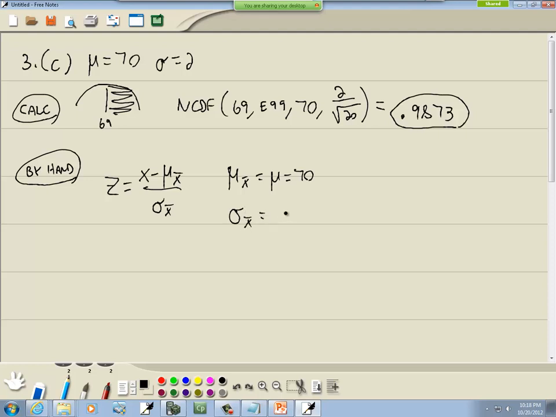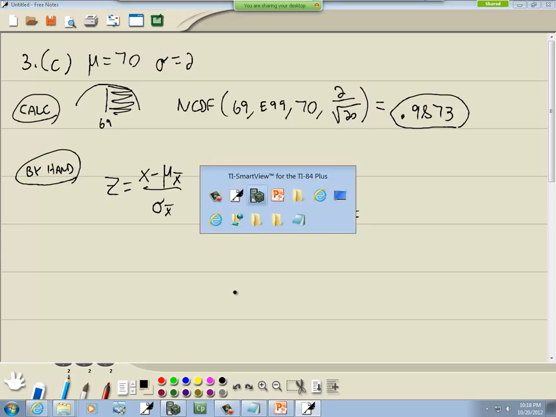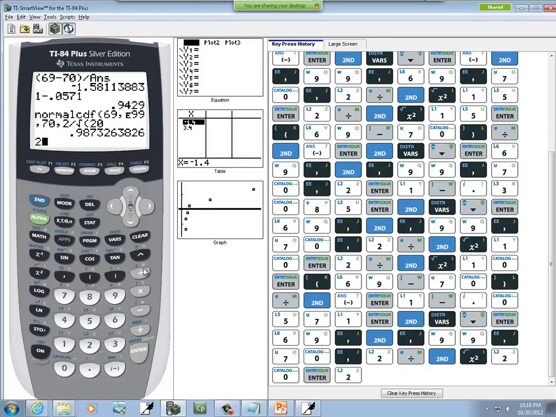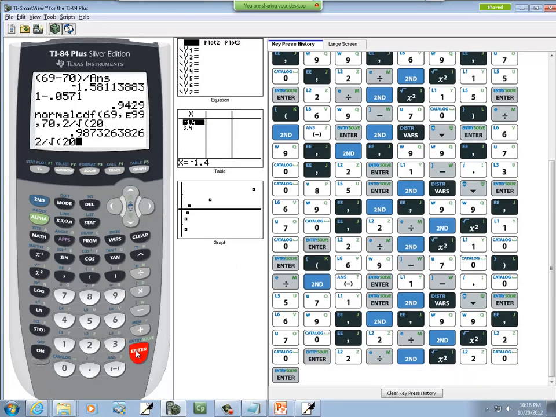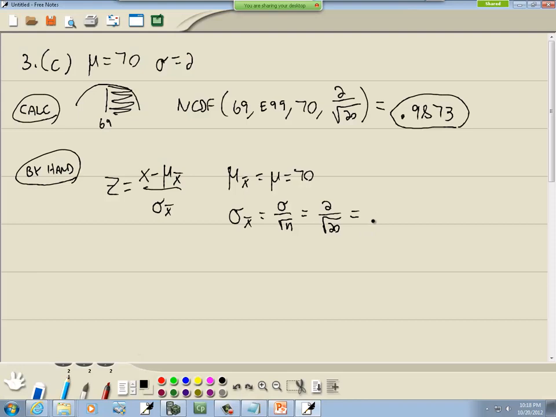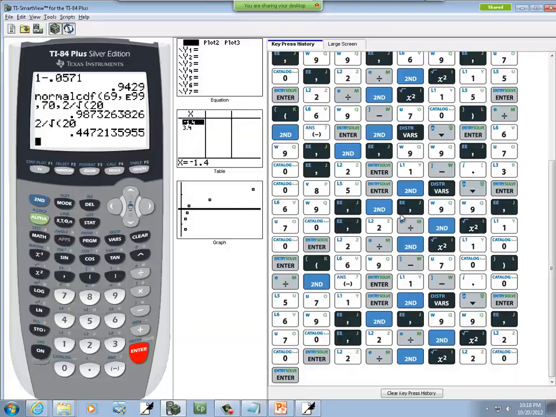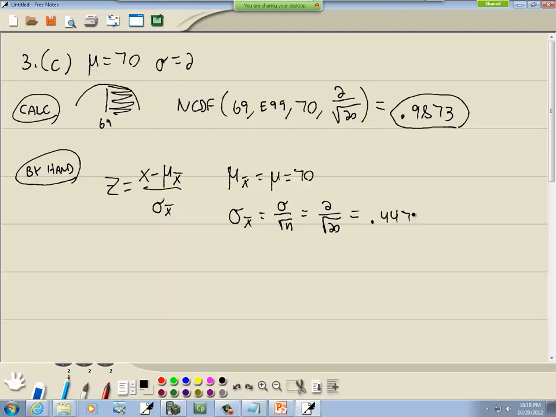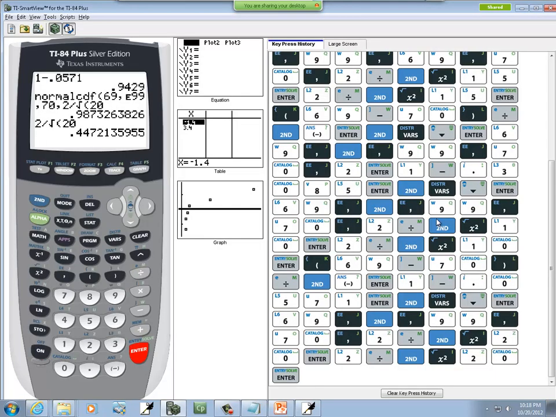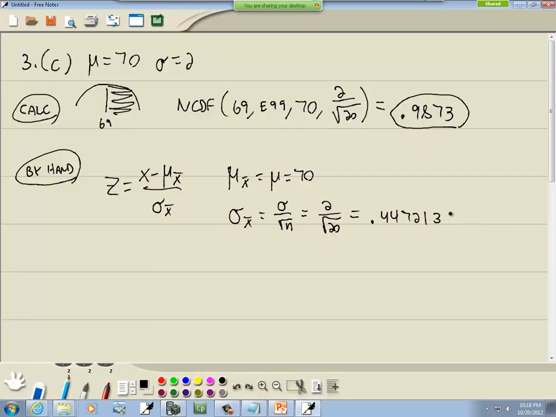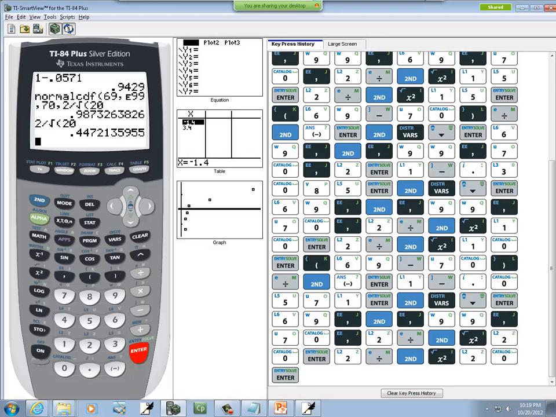And sigma sub x bar is equal to sigma divided by the square root of n, which is 2 divided by the square root of 20, since we're talking about 20 in part C. So we got 2 divided by the square root of 20. And we got 0.4472135955.